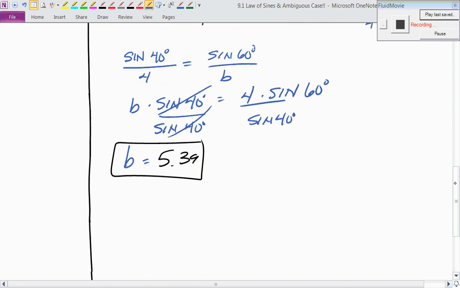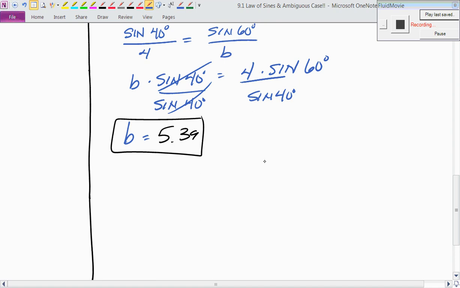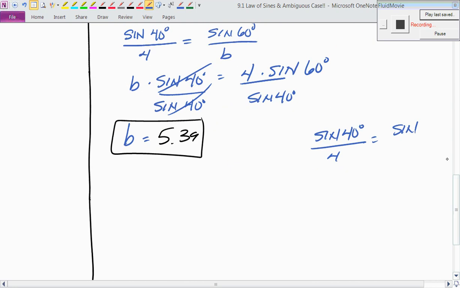It's an oblique triangle. So then we're going to say the sine of 40 degrees divided by 4 equals the sine of, what was the other angle that we found? 80, right? 80 degrees divided by C. So I can skip ahead and I realize that C is going to have to be 4 times the sine of 80 degrees all divided by the sine of 40 degrees.